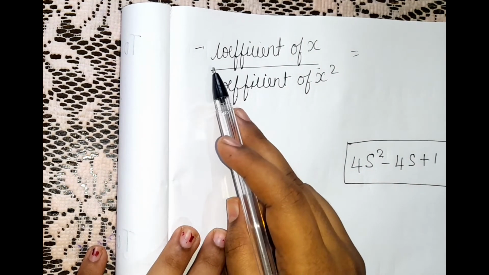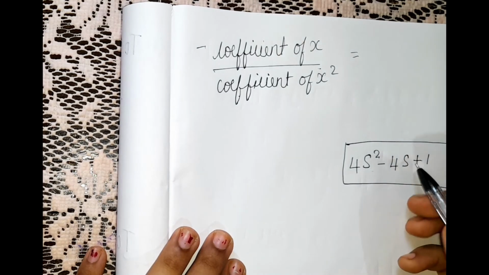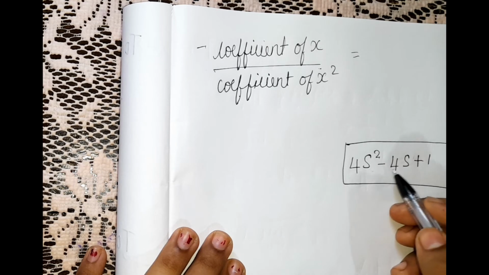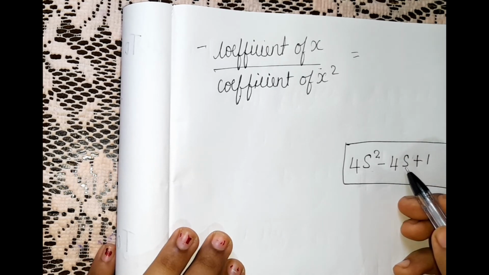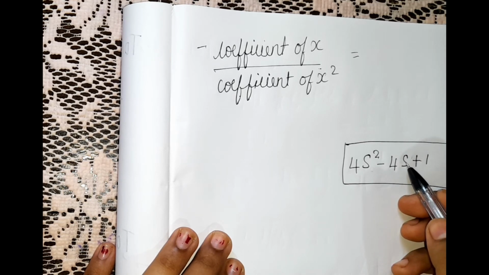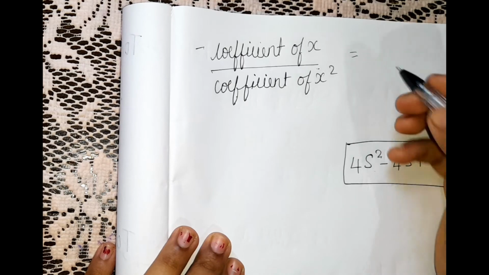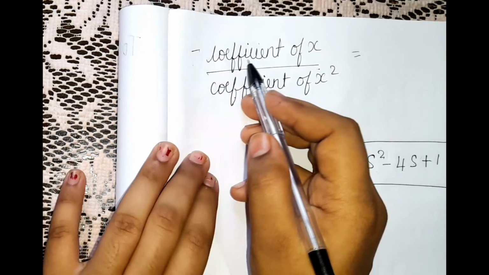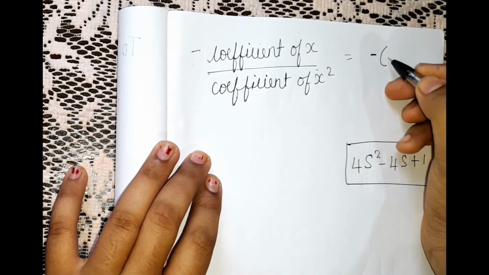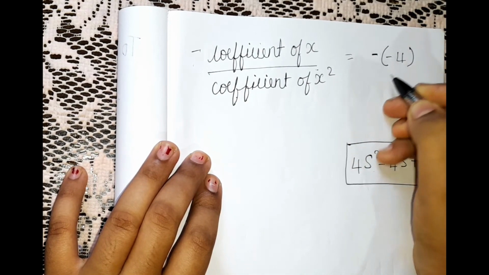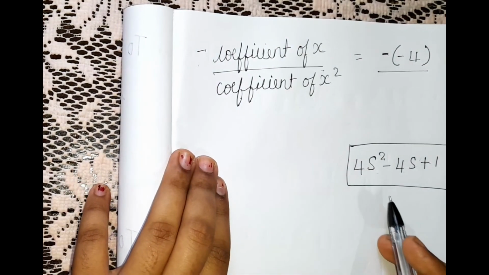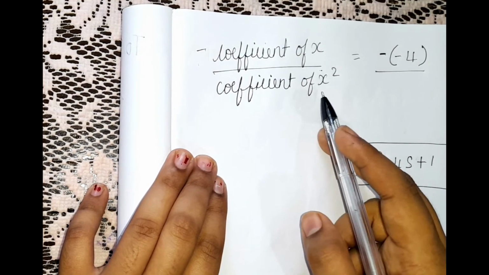So we shall find the coefficient of s. We have s right over here. That means what is the coefficient? So the coefficient is minus 4. The number which is having a variable is called coefficient. So what is the coefficient of s? The coefficient of s is minus 4. As you guys know that in the formula itself we have minus. So we shall write minus bracket minus 4, close the bracket, divided by coefficient of x square, okay. Here also instead of x we are going to be taking s.